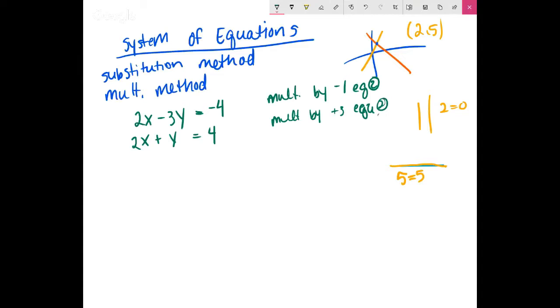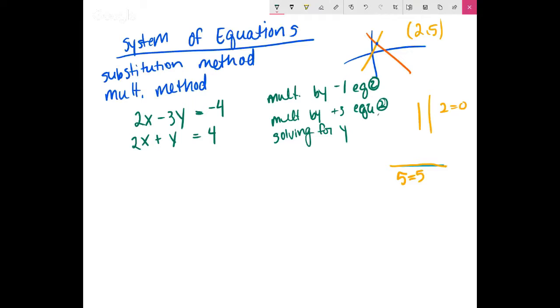And that is going to cancel out the y because we're adding the equations, by the way. -3 plus 3 is 0. And then if we have the -2, it'd be 2x minus 2x, which is 0, and just have y left. And then here's one substitution method you can use, which is solving for y in the second equation. 3 ways you can go about it. Cool. Okay.